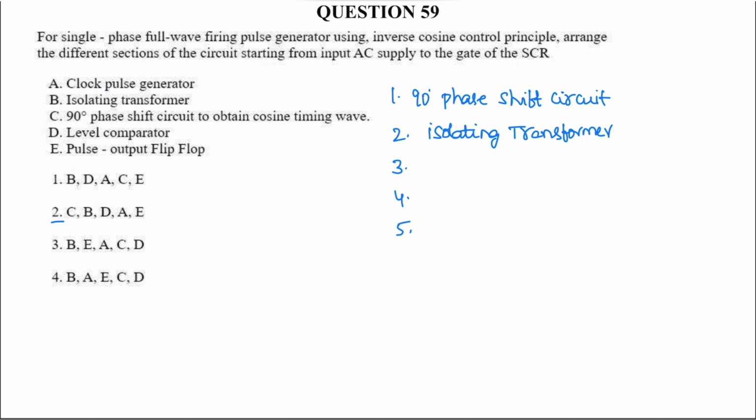So first is 90-degree phase shift circuit, the second one is isolating transformer, third is level comparator, the fourth block is clock pulse generator, and fifth is pulse output flip flop.